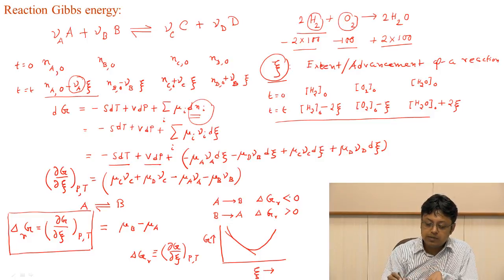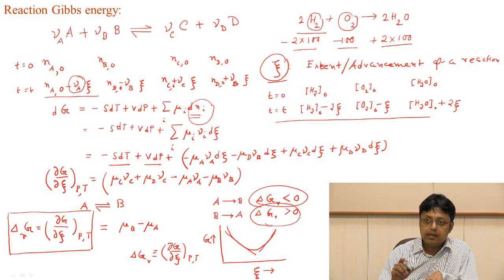So if the reaction Gibbs energy is negative, which means the slope is negative, then A to B is taking the reaction in the forward direction. However, if the reaction Gibbs free energy slope is positive, which is B to A, then it is taking it in the non-spontaneous direction.